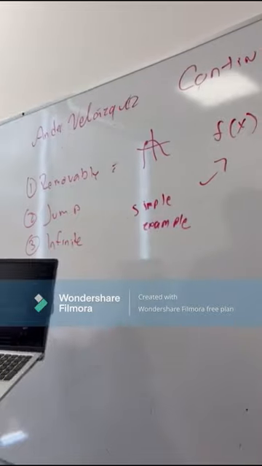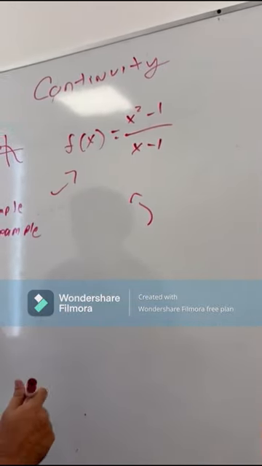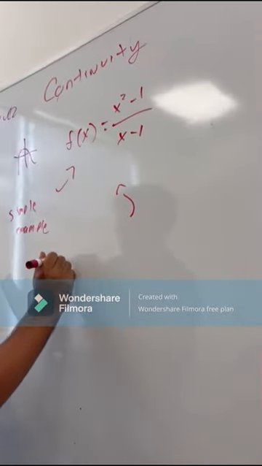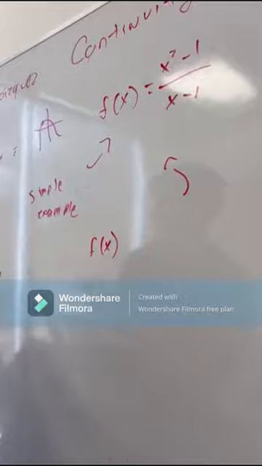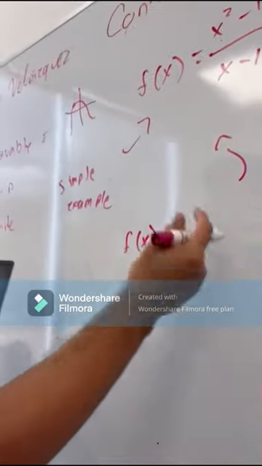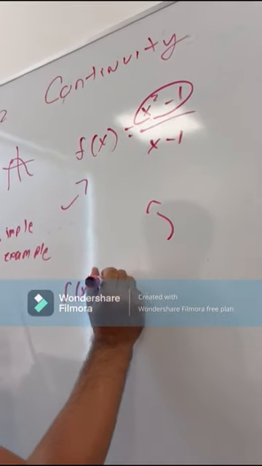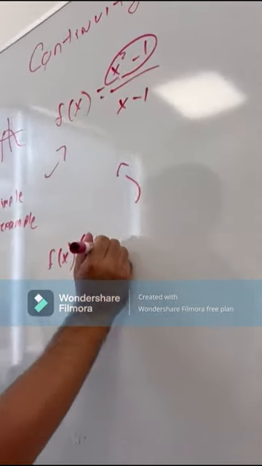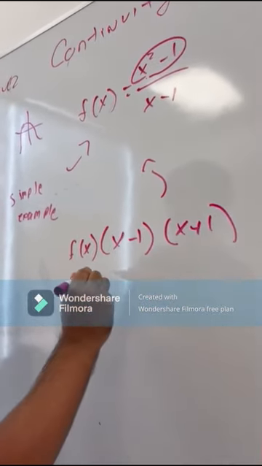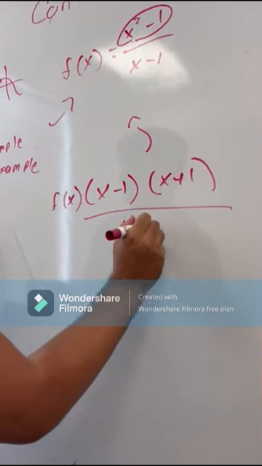Okay, now we have this function, and what are we going to do? We're going to factorize it. We have f(x). We can see that we have x squared minus 1, so we open a new numerator, that is basically (x minus 1)(x plus 1), divided by the denominator, that is x minus 1.